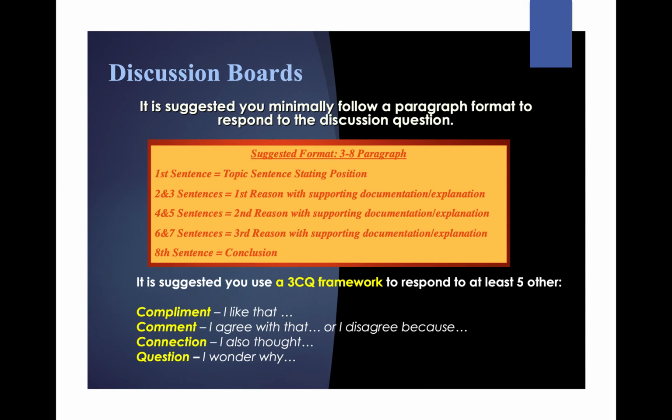The second thing then will be your 4th and 5th. Your 6th and 7th sentence will be your 3rd one. And then your last one's your conclusion. When you're asked for a position or asked to explain something, that's a good format to use.